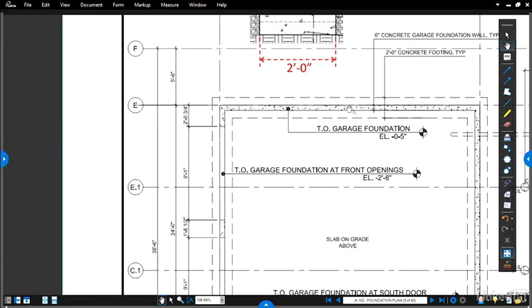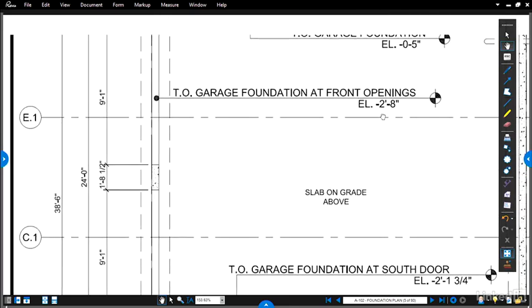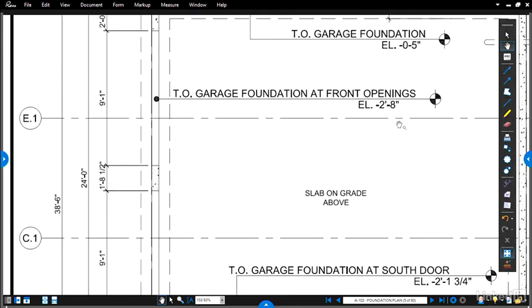Again, let's look at these lines and what they're telling us a little bit more. As we follow this around, we see that the shading inside these solid lines goes away, comes back, goes away again, and so on throughout this perimeter. If I look at this elevation note, I see that in this section where it's not shaded, that elevation is minus 2 foot 8 inches.